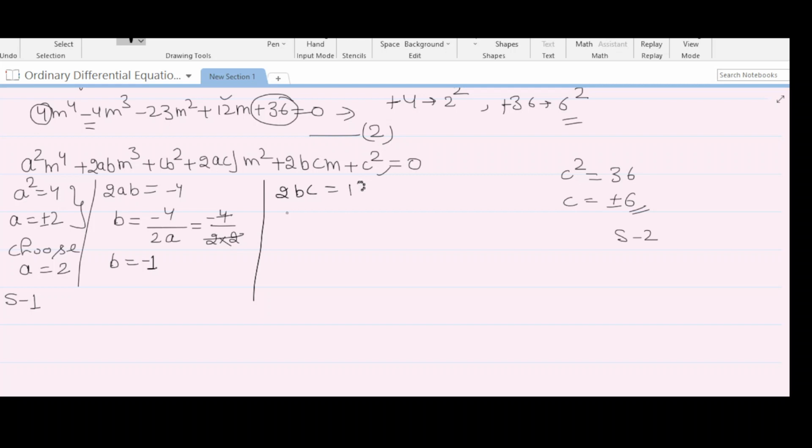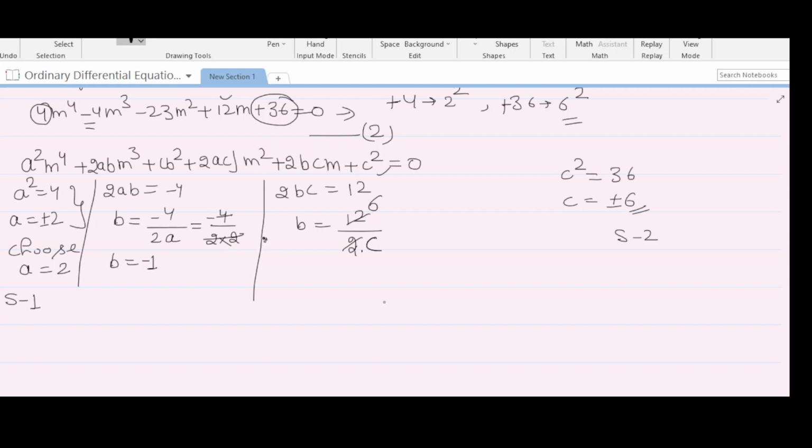So 2bc equal to 12, and the value of b will be equal to 12 upon 2c, that is 6 upon c.